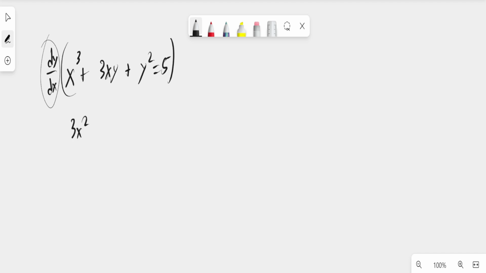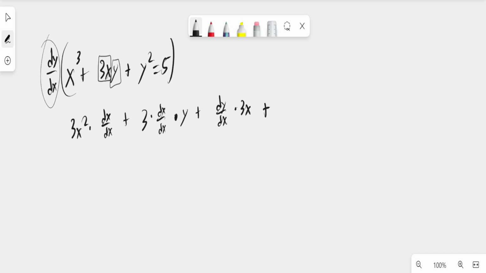So 3x squared times dx/dx plus, this is the product, so 3x and y. The derivative of the first is 3 times dx/dx, so derivative of the first times the second, plus the derivative of the second, dy/dx, times the first.